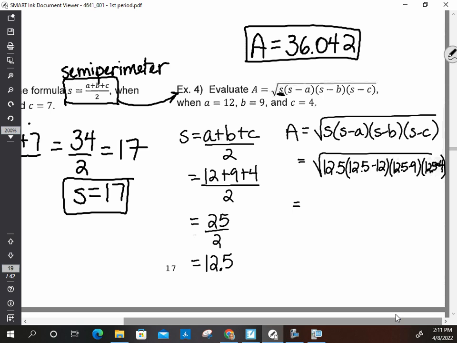Order of operations means you start inside the parentheses. So solve out the values in the parentheses. So that's 12.5 times 0.5. 12.5 minus 9 is 3.5. 12.5 minus 4, 8.5.